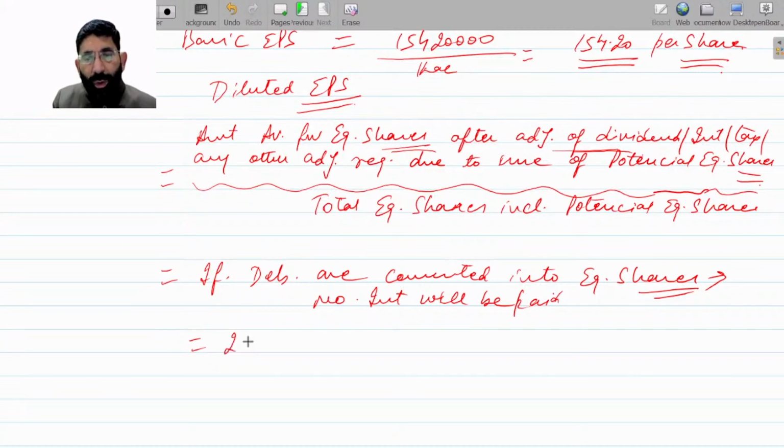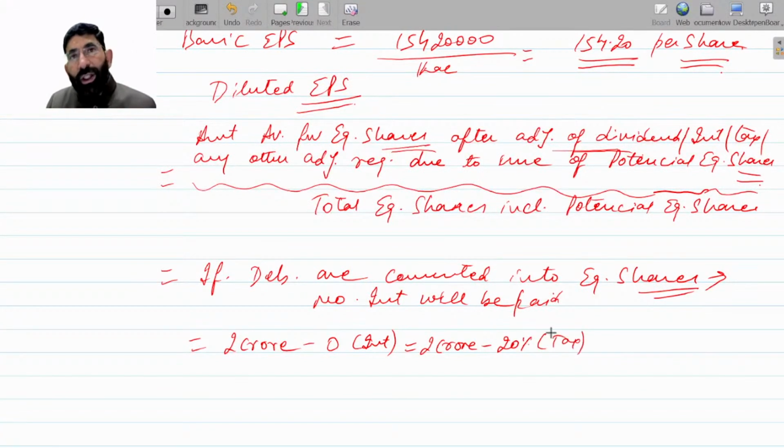Obviously, in that case, 2 crore minus zero interest, is equal to 2 crore, minus 20% tax, which will also change because it is based on percentage, minus 5 lakh preference dividend.